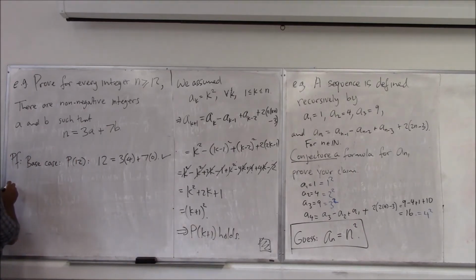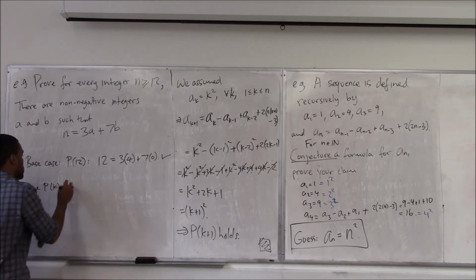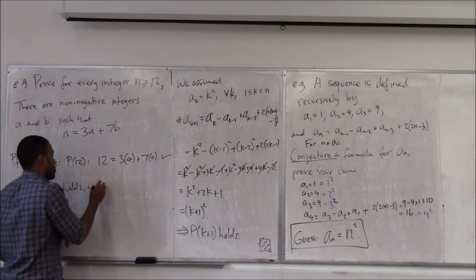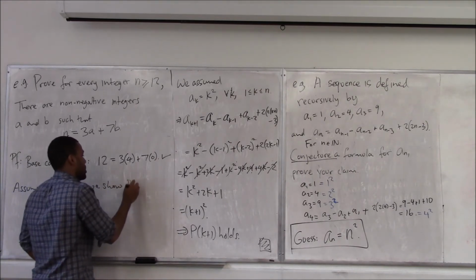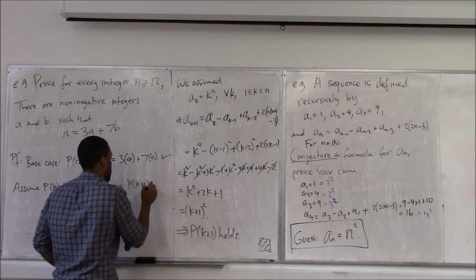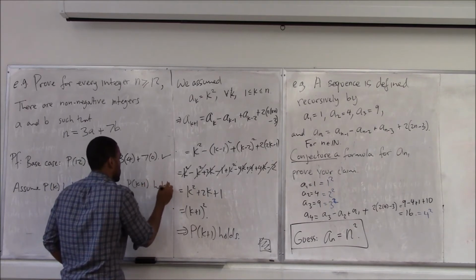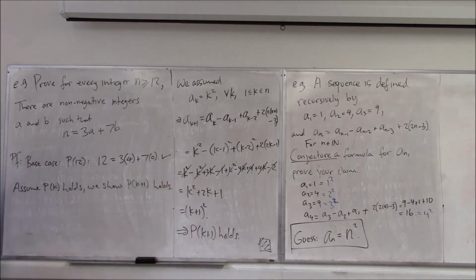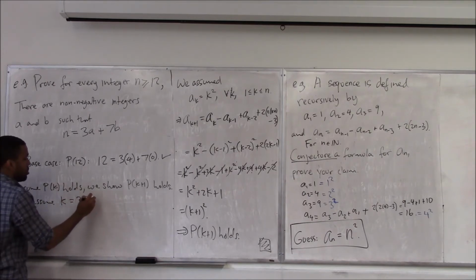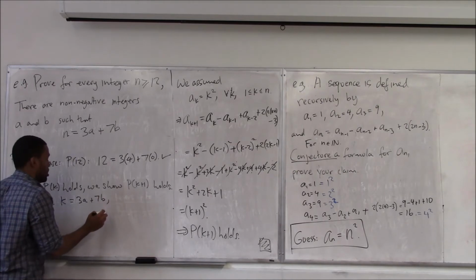So let's continue. Assume P of k holds. We show P of k plus 1. That is, assume that for any integer k, I can write it as 3 times a plus 7 times b.